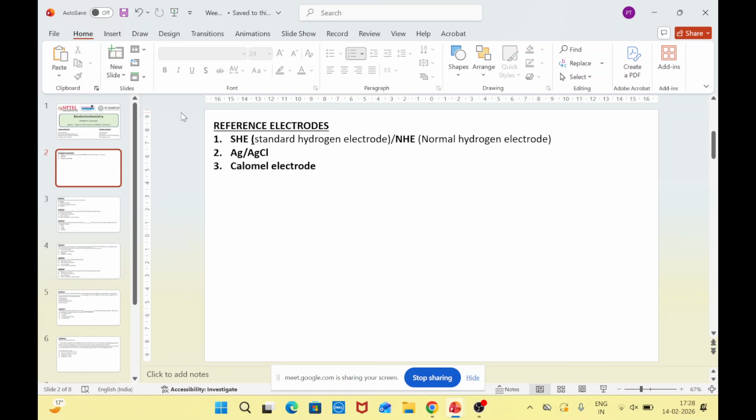Anyone with any idea on why SHE always remains as a theoretical reference, whereas in practical electrochemical cells we use AgCl electrode or calomel electrode as reference? Anyone?